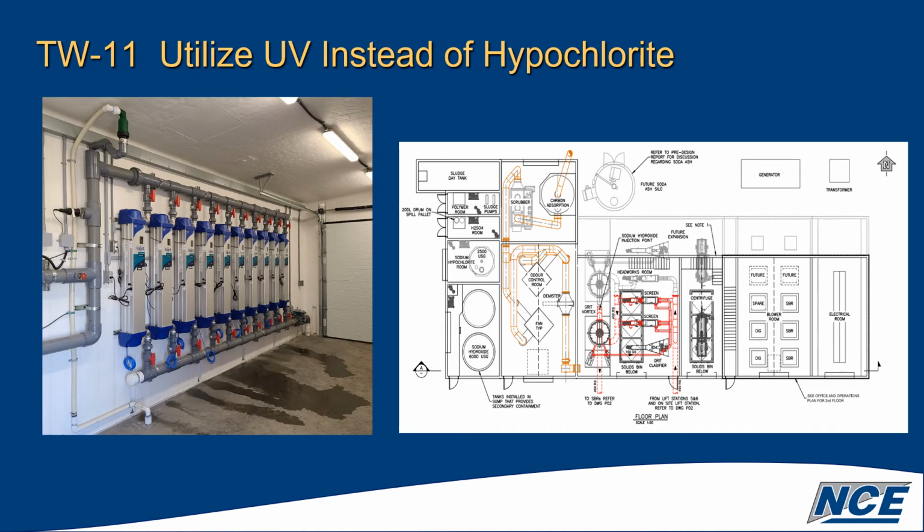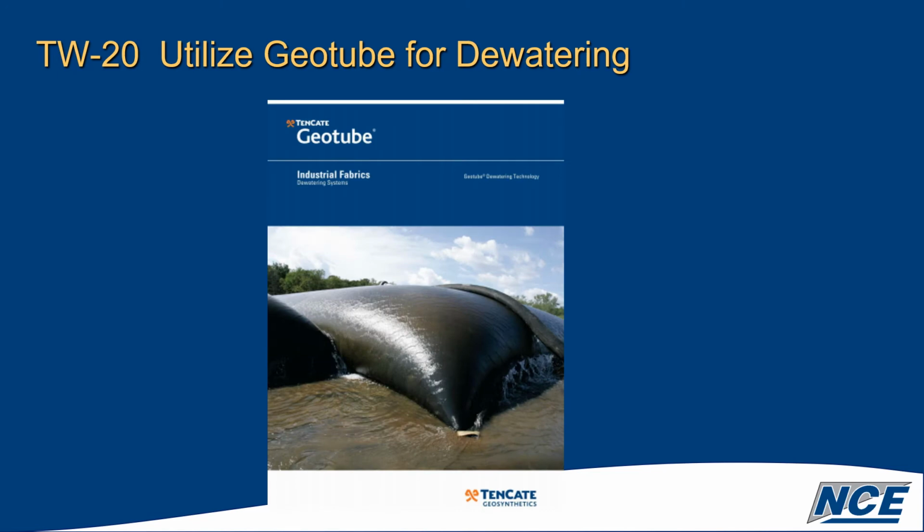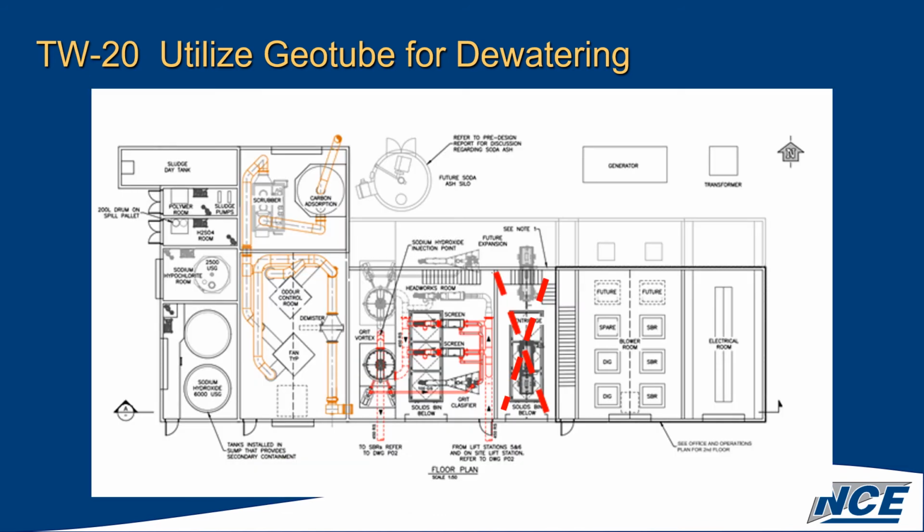Instead of using chemicals for disinfecting, use UV. And for dewatering, one of the issues was trying to deal with the sludge. In this particular case, we were looking at using geotubes, which are basically just large sacks, filling them up, letting them dewater naturally, and then disposing of the bags with the sludge in them.